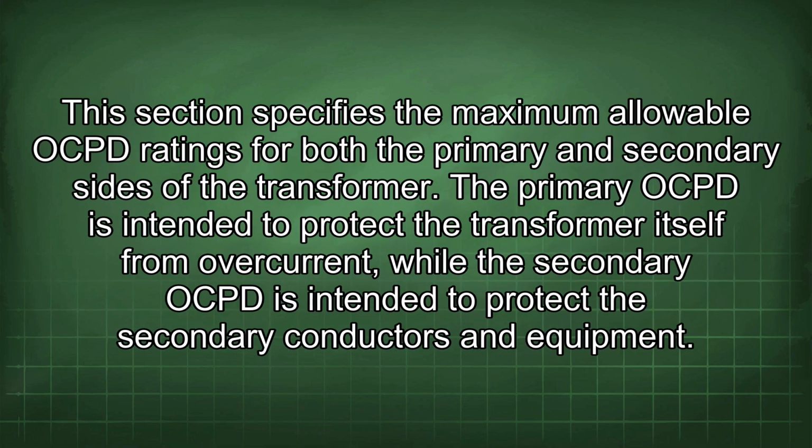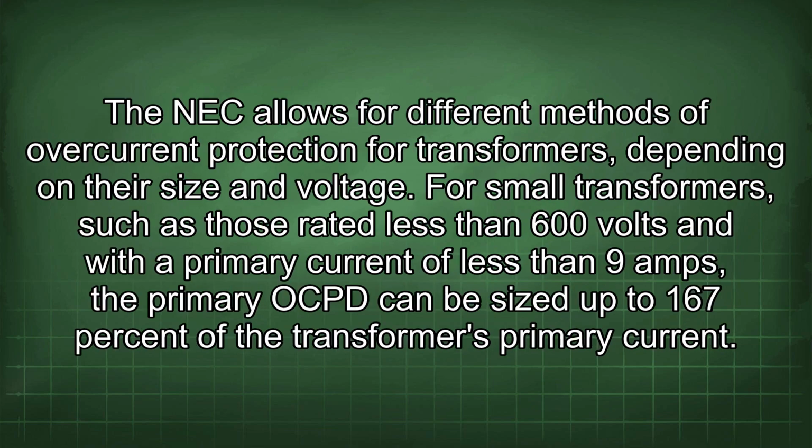This section specifies the maximum allowable OCP ratings for both the primary and secondary sides of the transformer. The primary OCP is intended to protect the transformer itself from overcurrent, while the secondary OCP is intended to protect the secondary conductors and equipment. The NEC allows for different methods of overcurrent protection for transformers depending on their size and voltage.